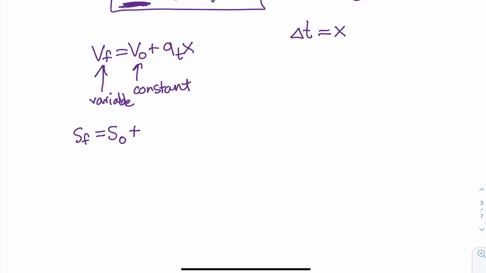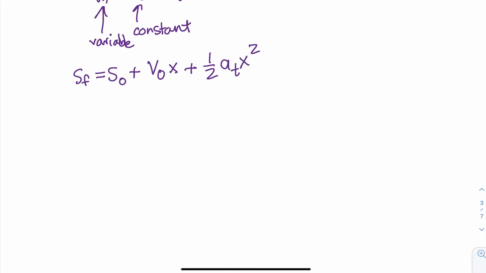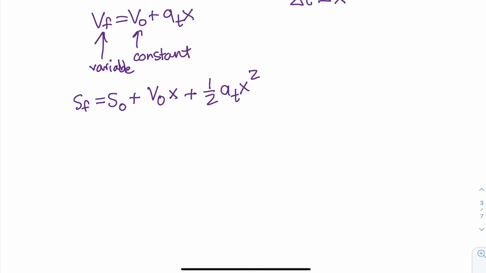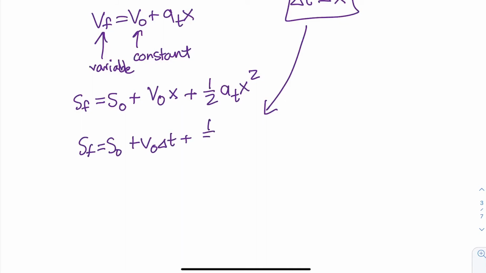And then remember, v naught is a constant, so v naught times x, and then in this case we're going to say 1/2 a x squared. And remember that we said delta t equals x. So what we can therefore say is that sf equals s naught plus v naught delta t plus 1/2 a delta t squared.